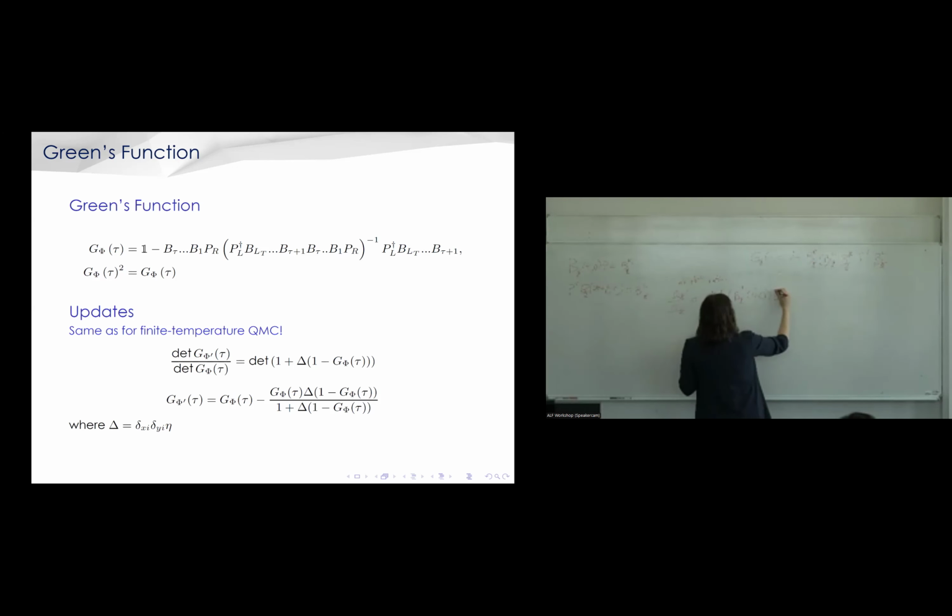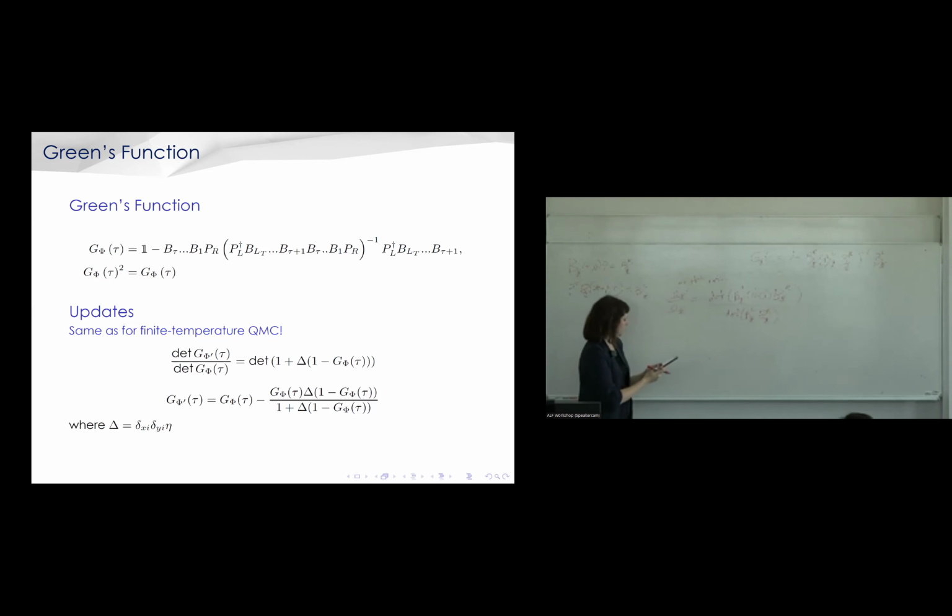So using the notation that Johannes used yesterday for the finite temperature, we can just write this as the determinant of the one with the 1 plus delta, where delta is a very sparse matrix. In fact, for a single spin flip, it's going to be 0 everywhere except for one diagonal entry.